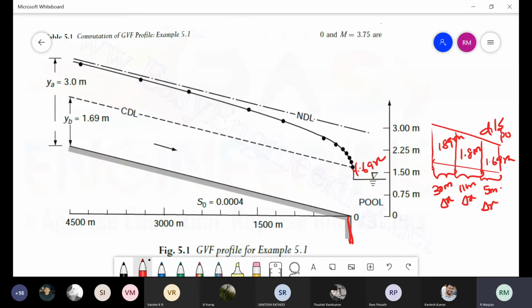You are plotting the profile since you know your delta x as well as your y1, y2, y3, so you'll be able to draw the profile for various points. Now this is going to be your gradually varied flow profile. So now we are able to compute the gradually varied flow profile by using direct integration.